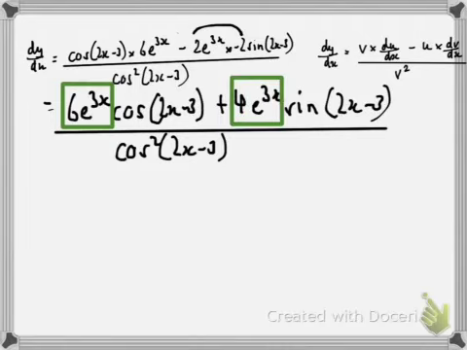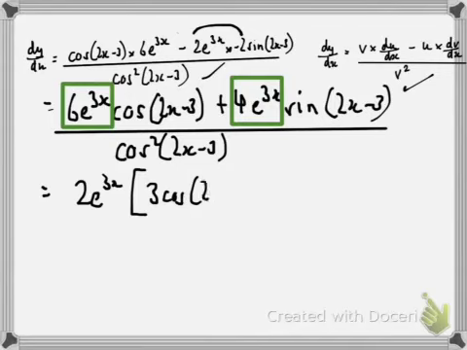So taking out as a common factor in the numerator, we can take 2e to the power of 3x, and then if we divide that into both this expression here and this expression here, we get 3 cos 2x minus 3, plus 2 sine 2x minus 3.